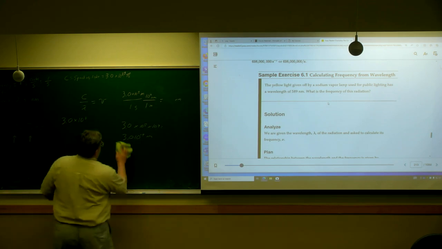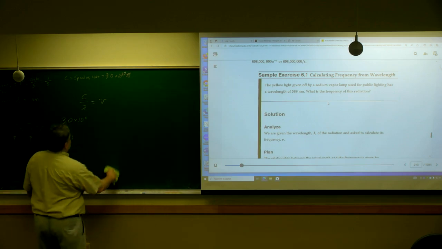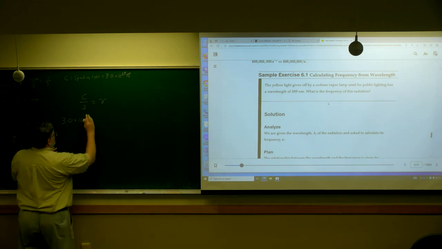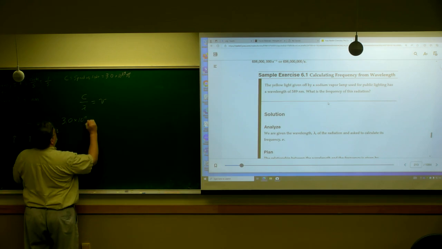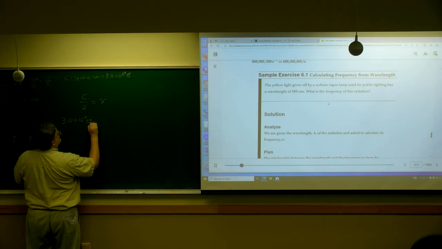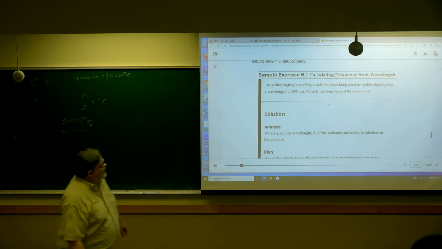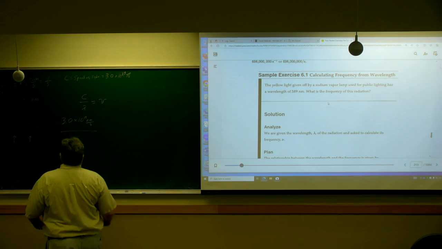So we'll use that for the speed of light: 10 to the 17 nanometers per second over 5.89 nanometers.